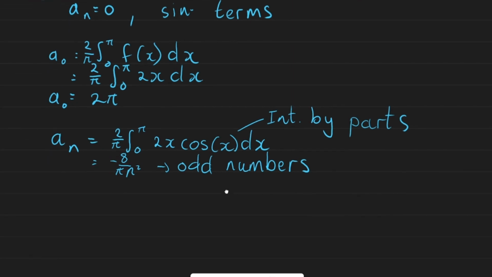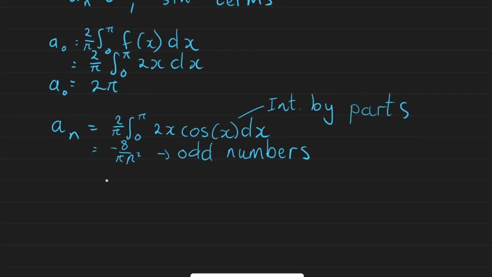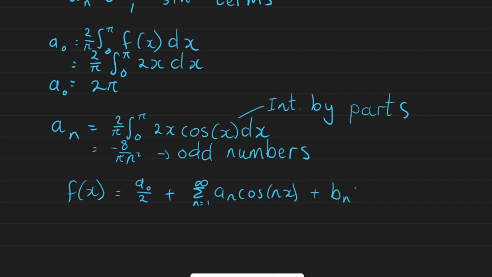So what does the Fourier series look like once we substitute all of these things? So f of x will equal to pi. Remember, it's a naught over 2. So if you can just write the Fourier series quickly, it's a naught over 2 plus the sum of n starting from 1 to infinity of an cos nx plus bn sine nx.